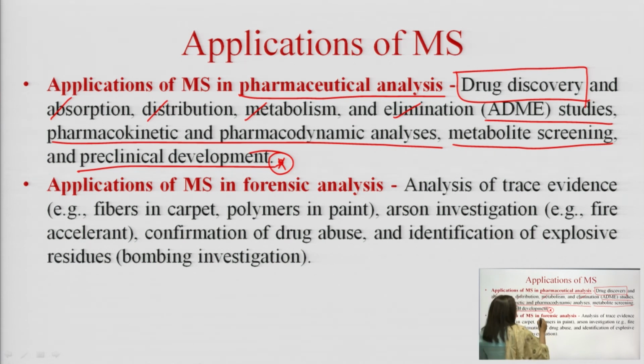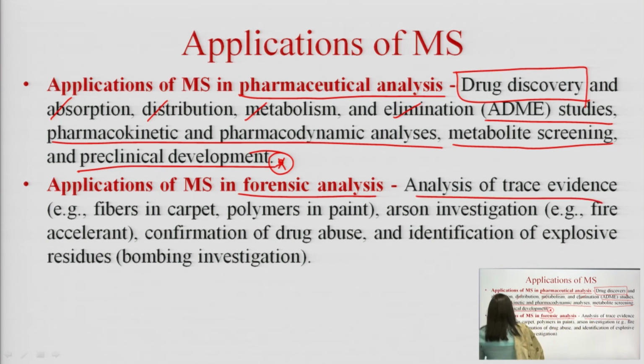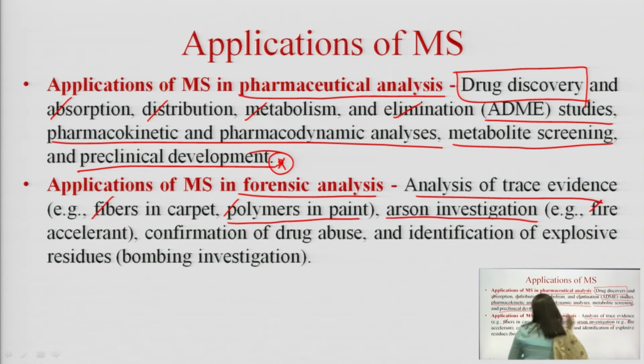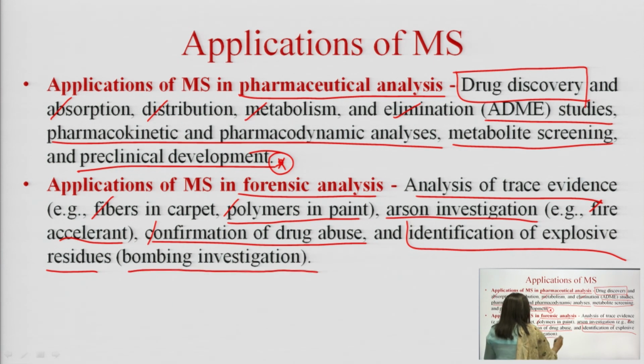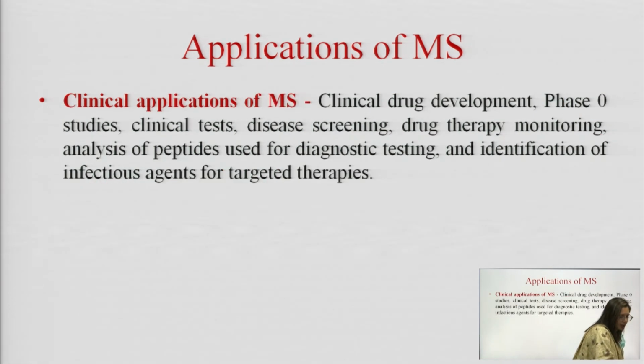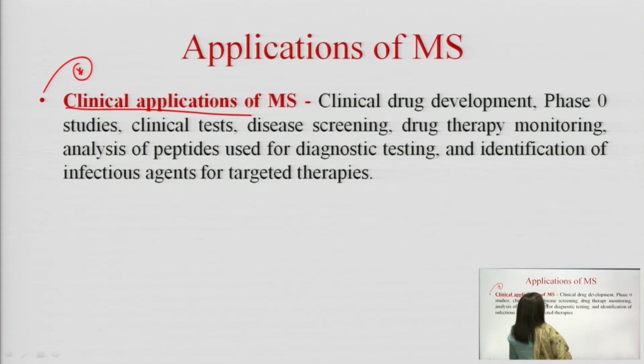Application of MS in forensic analysis: analysis of trace evidence such as fibers in carpet, polymers in paint, arson investigation, for example fire accelerants, confirmation of drug abuse, identification of explosive residues or bombing investigation, mass spectroscopy gives its due.